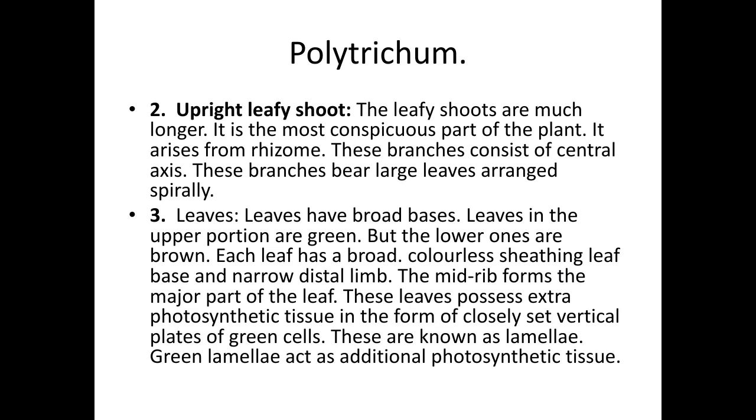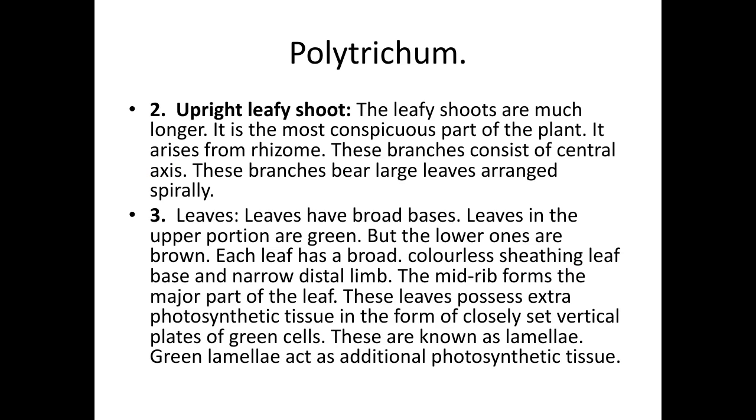Leaves have broad bases. Leaves in the upper portions are green, but the lower ones are brown in color. Each leaf has a broad colorless sheathing leaf base and a narrow distal limb. The midrib forms the major part of the leaf.